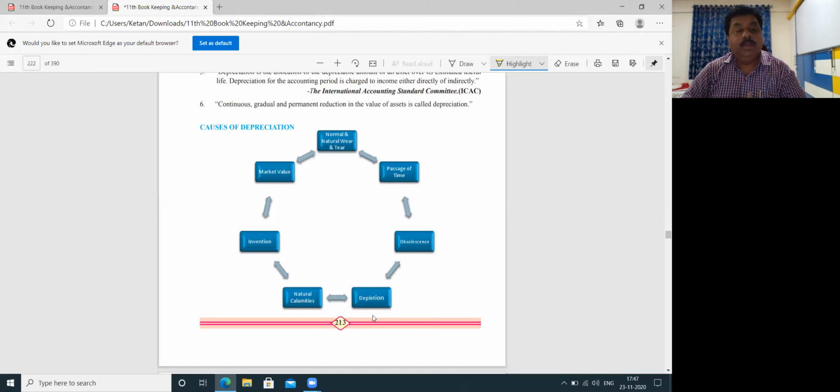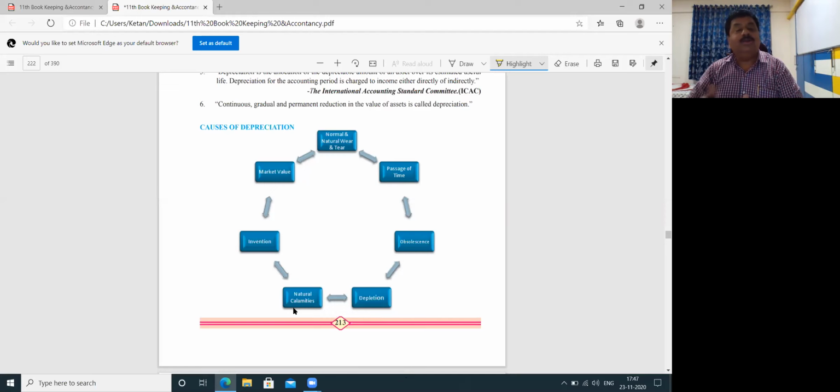Coal mine, gold mine, oil wells. As long as there is coal there you can take it out, as long as there is gold you can take it out, as long as there is oil in the oil well you can take oil out. Once it is finished, it is finished. That is called depletion.